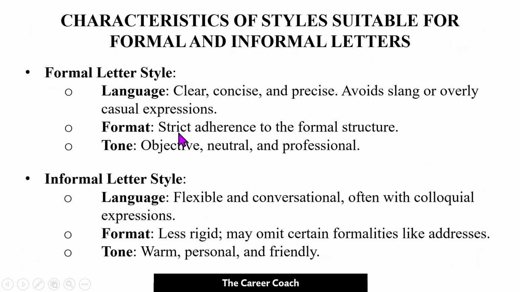The format is usually in strict adherence to formal structures, and the tone is objective, neutral, and very professional. For an informal letter style, the language is usually flexible and conversational, often with colloquial expressions. The format is less rigid. It may omit certain formalities, even the address. The tone is warm, personal, and friendly.